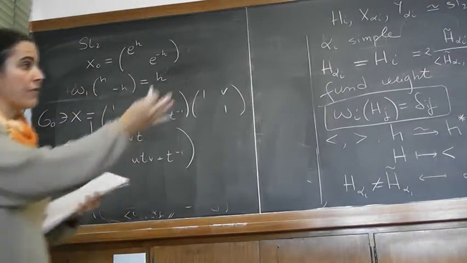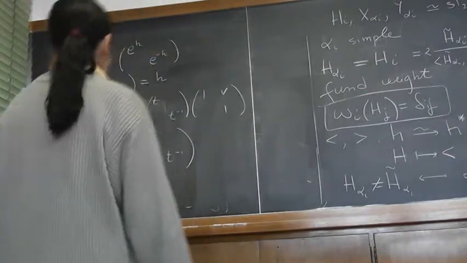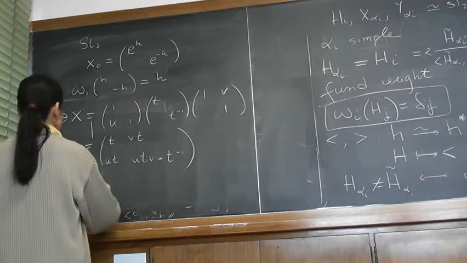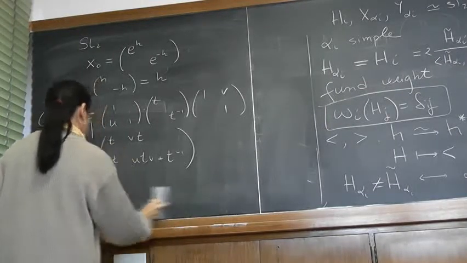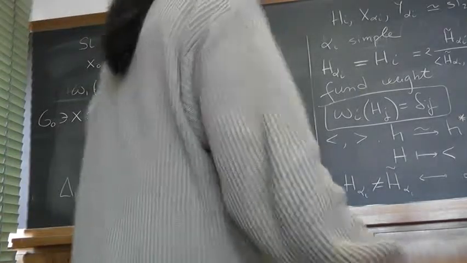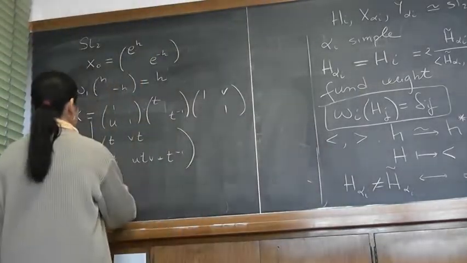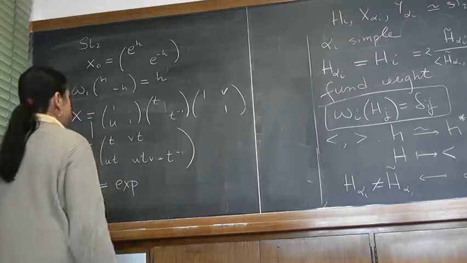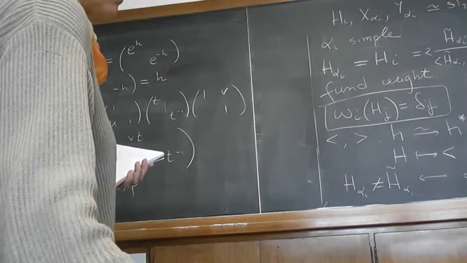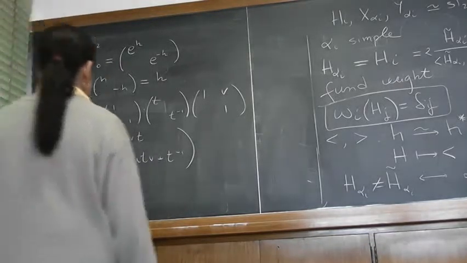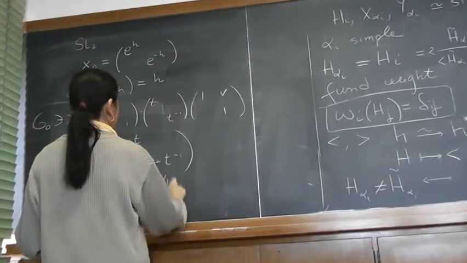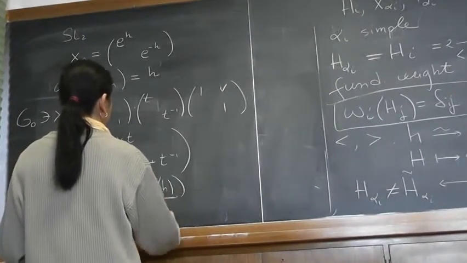Now, what is the definition? The definition says that delta Ix is equal to the exponential of omega I h. Omega 1 h is h.